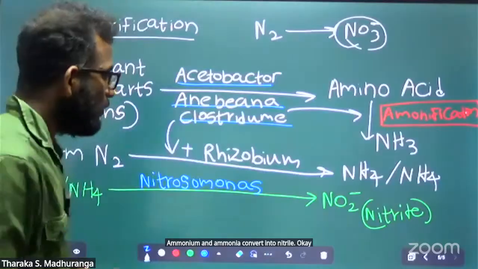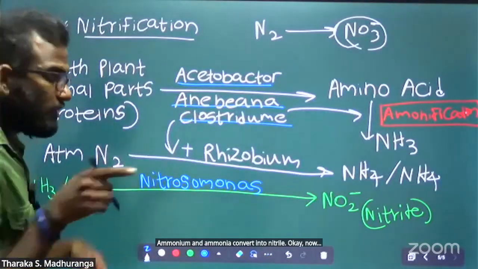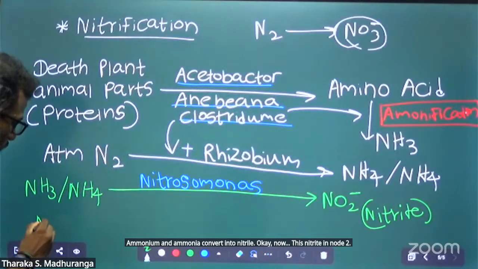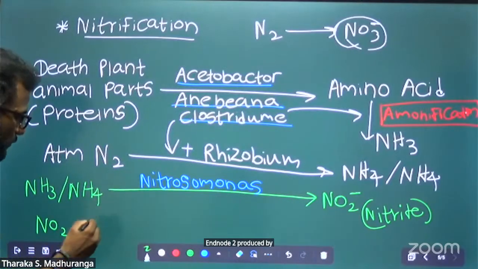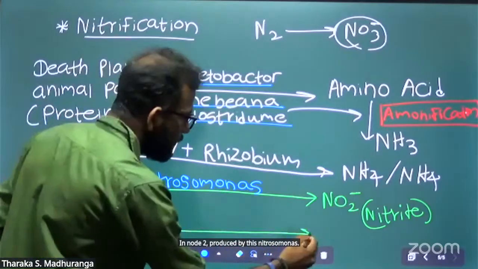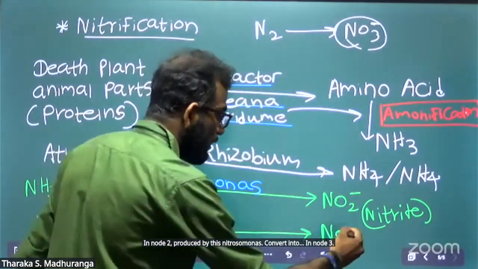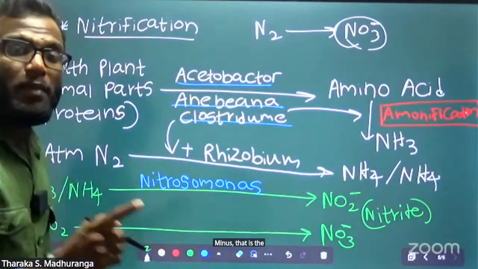Okay. Now this nitrite, NO2 produced by Nitrosomonas, converts into NO3 minus, that is the nitrate, by Nitrobacter.